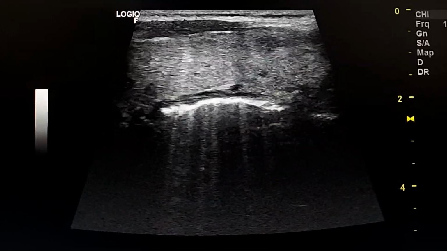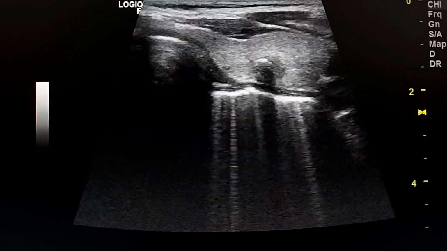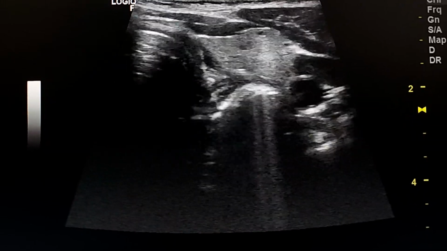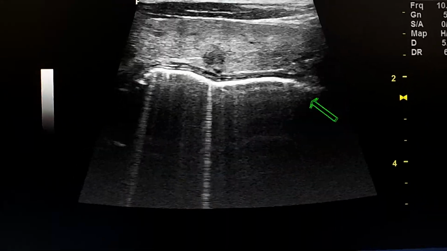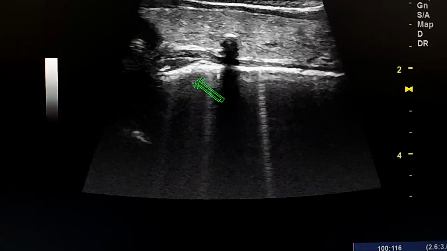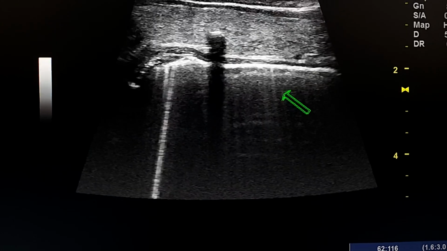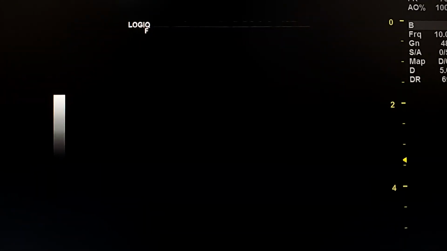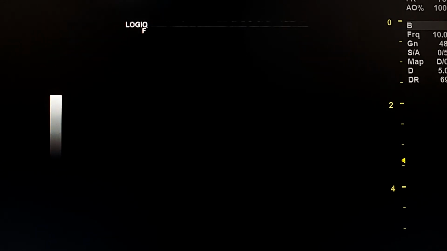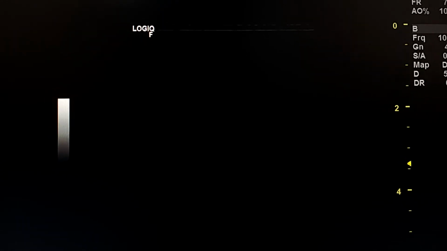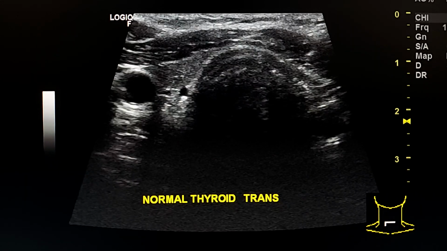Here is a transverse section of the right lobe, and here we see both the right and the left lobe. So this appearance here is abnormal, and let us see what is the normal appearance of the esophagus in a normal patient.